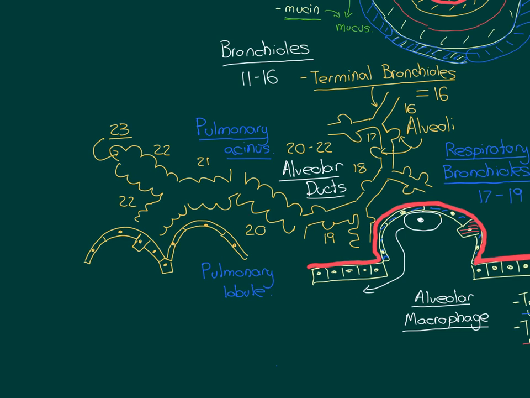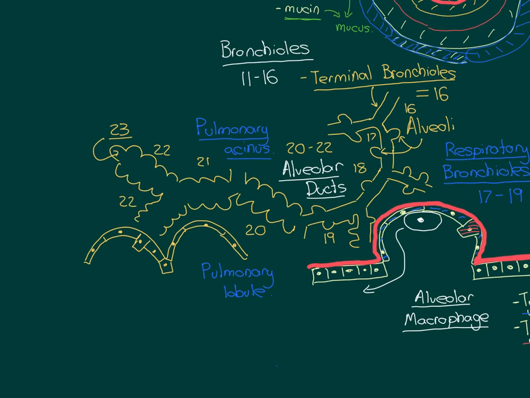So what then is meant by a pulmonary lobule? A pulmonary lobule is the little section of the lung that is downstream of the terminal respiratory bronchiole. So a final respiratory bronchiole here will give rise to many alveolar ducts, and then those alveolar ducts can branch off, and all of the stuff that's downstream of a terminal respiratory bronchiole, that's referred to as a pulmonary lobule.